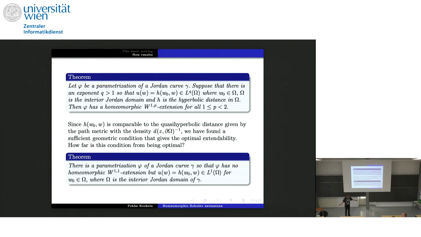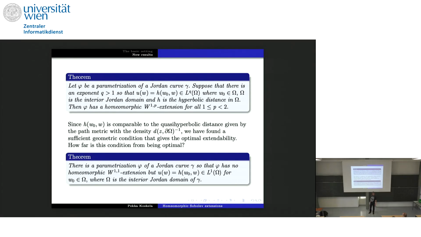Okay. So in mathematics, once you prove something, there's always a new question, right? What is the question now? So there are domains with H in L^1 for which you cannot extend. Are there domains with H in L^1 for which you can extend?